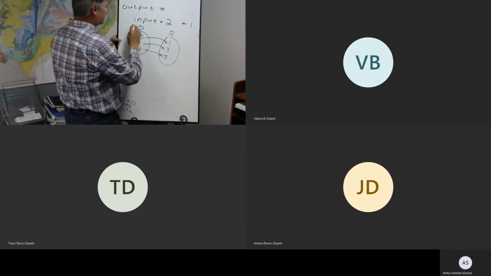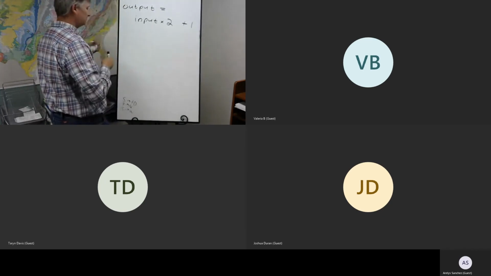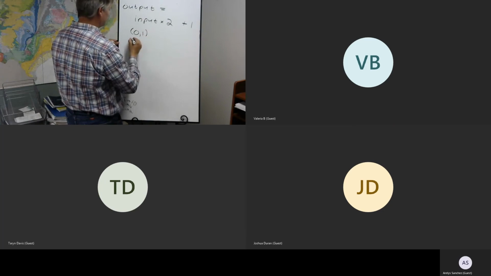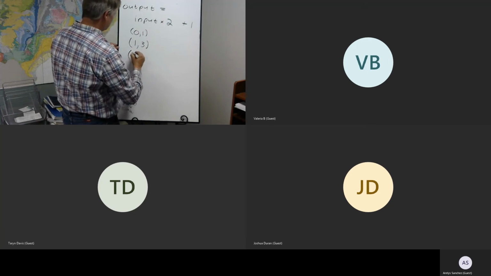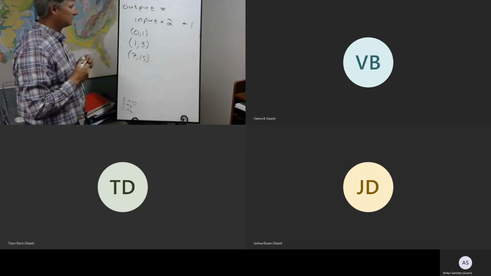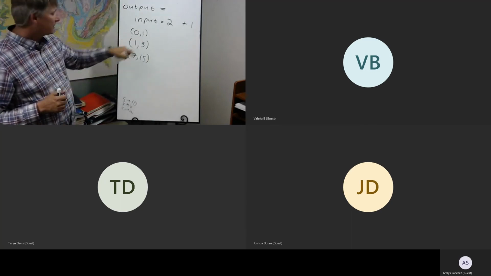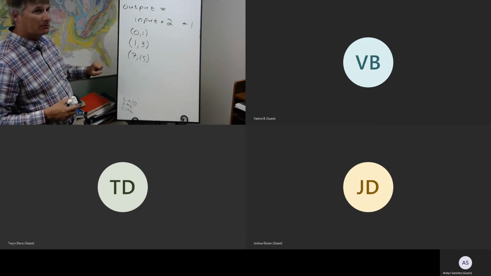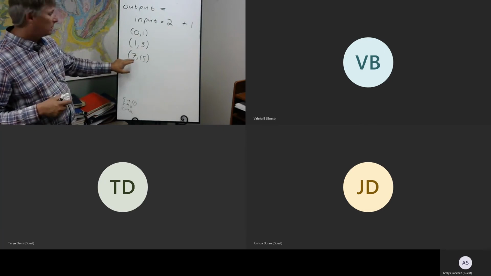Now, as ordered pairs, we would write it like this, where the inputs are first and the outputs are second. 2 times 0 plus 1 is 1. 2 times 1 plus 1 is 3. 7 times 2 plus 1 is 15.